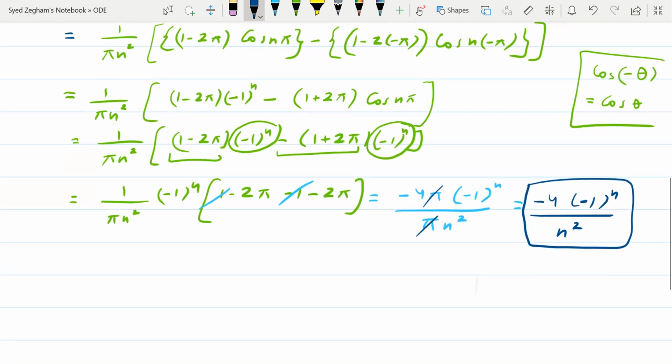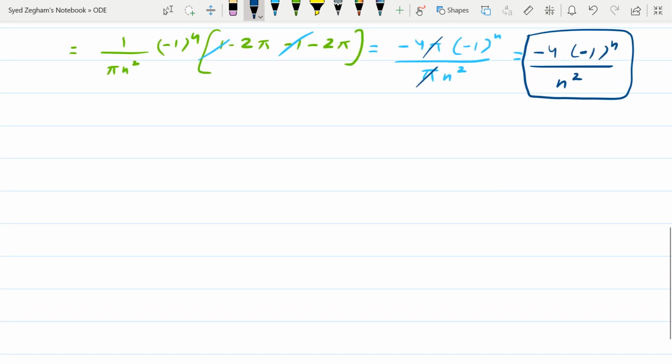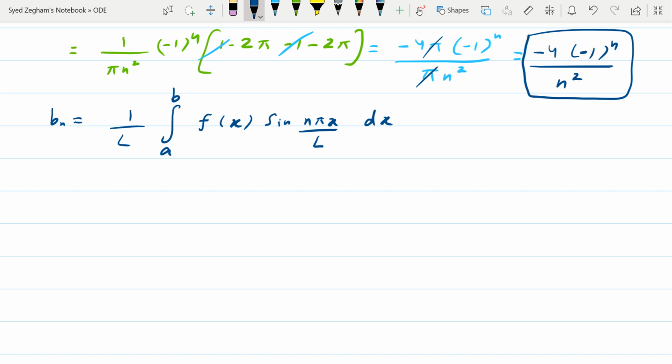Now let us move further and let us go to the value of bn. Now what is the formula for bn? bn is 1 over L integral from a to b f(x). In an you take cosine, in bn we take sine. So sine n pi x divided by L. Put the values.